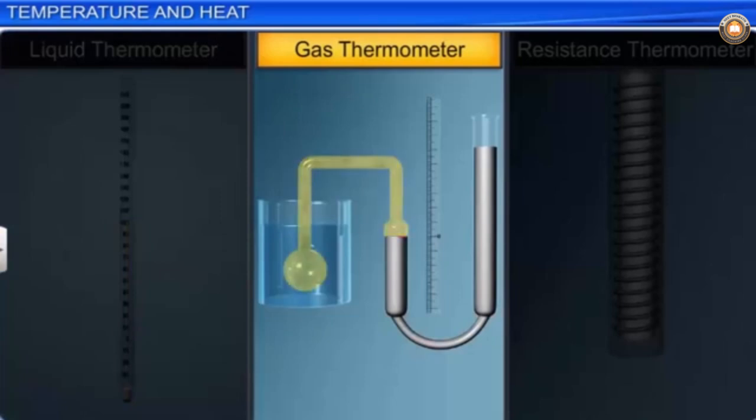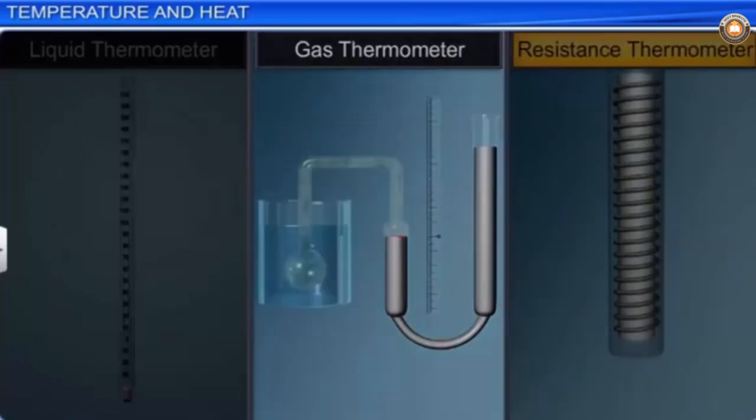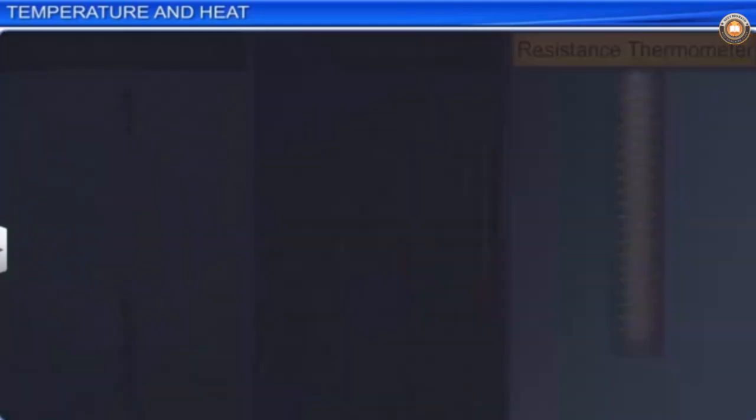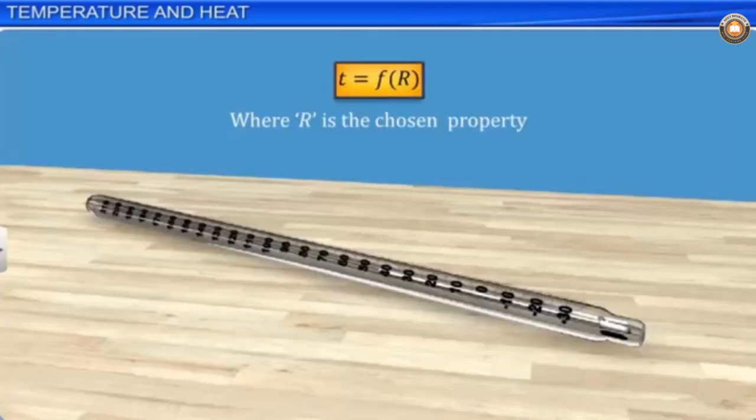Pressure of the gas in a constant volume gas thermometer and resistance of a platinum wire used in resistance thermometer change linearly with the change in temperature. The temperature of a body can be written as a function of the selected property, say R.